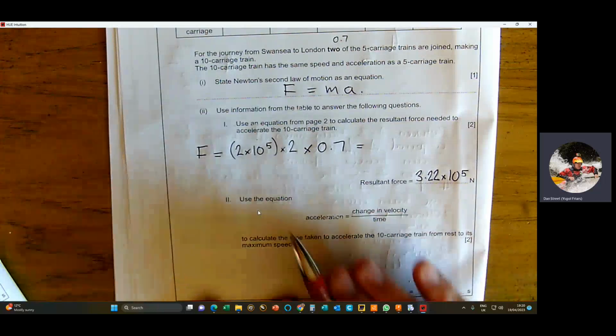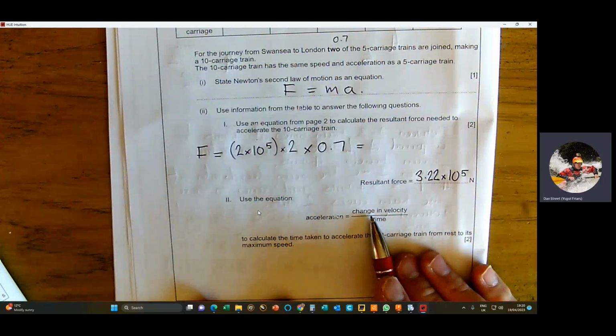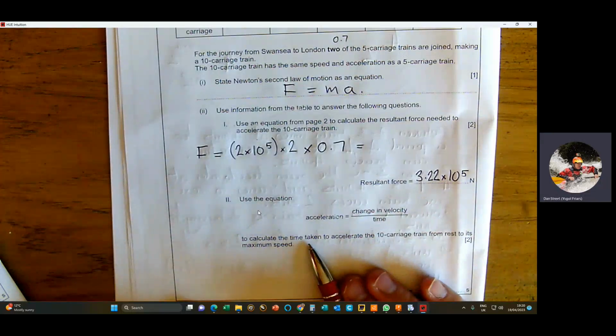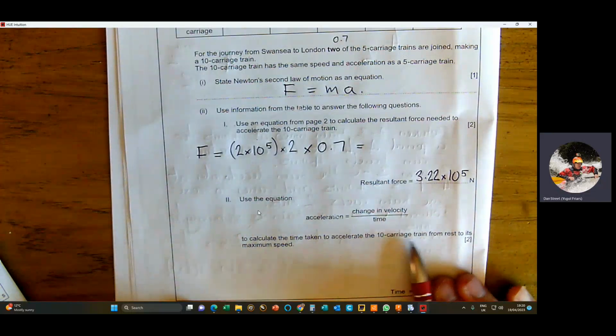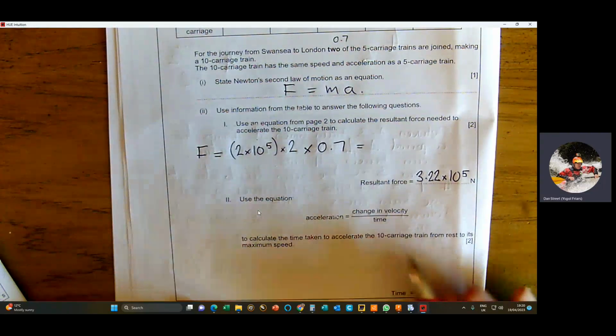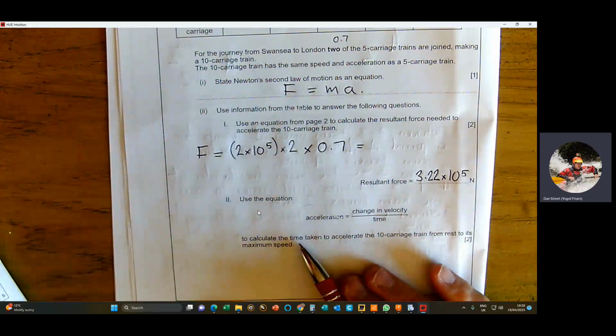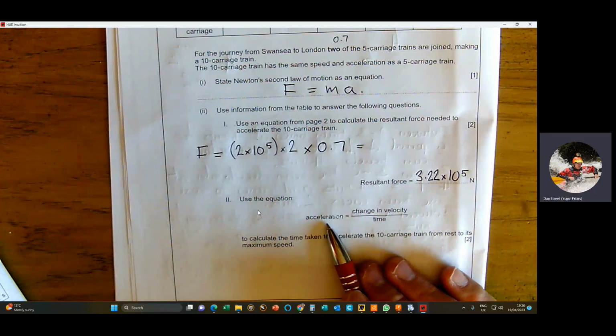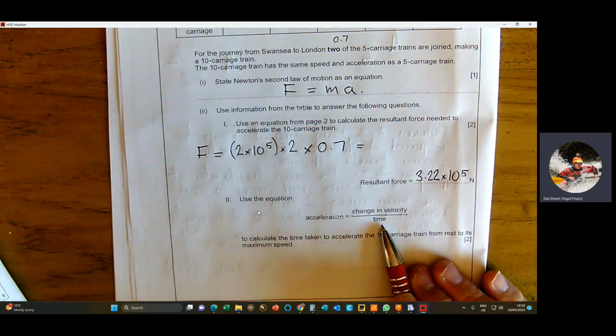It asks us to use the equation acceleration is change in velocity divided by time to calculate the time taken to accelerate the 10-carriage train from rest to its maximum speed. Now, I feel this is a little more difficult because we want to calculate the time, and yet the equation we're given is for acceleration. So we need to rearrange this equation.